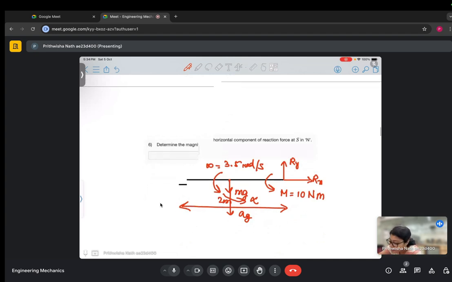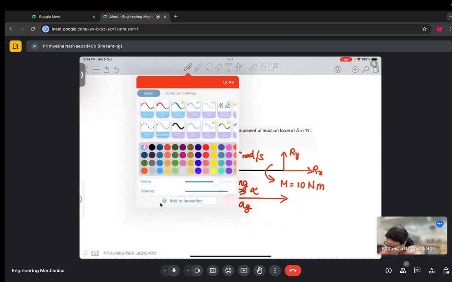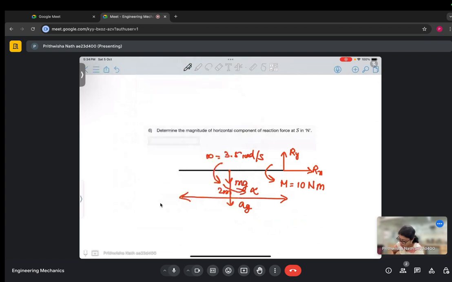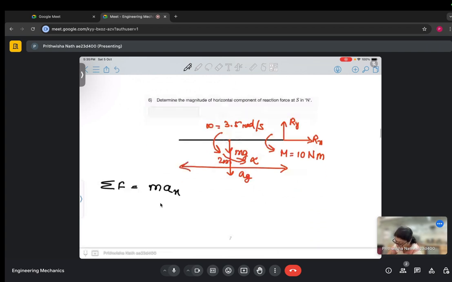Now what can we write? Summation of F equals to m into ax. Ax is the acceleration in the x direction. So Rx equals to m r omega square, right? R will be 1 meter, and omega is already given, and m is also given. So we just need to substitute.